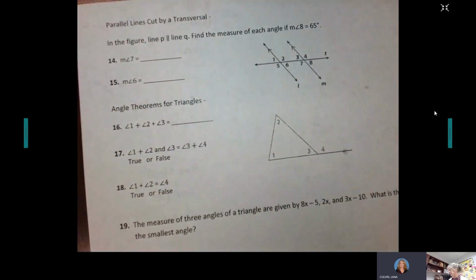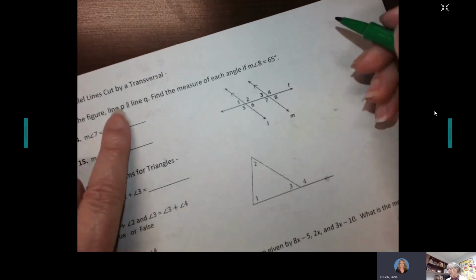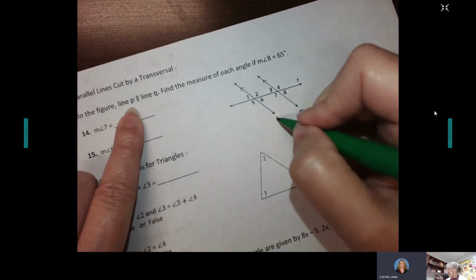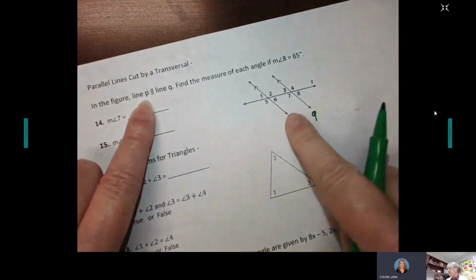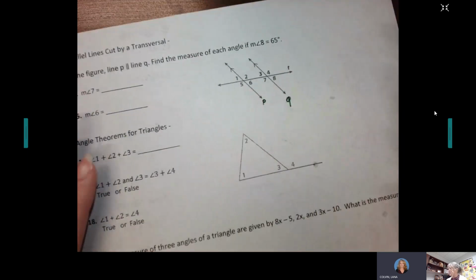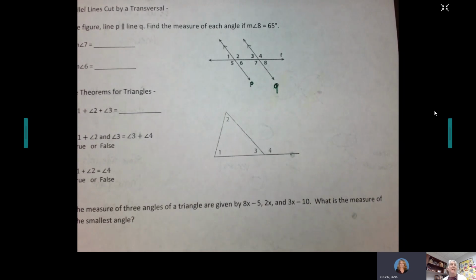All right, let's turn it over. These two lines, actually this should say P and this should say Q. These two lines are parallel, so it's another transversal diagram. What's the first thing that Ms. Colvin always does when she sees a transversal diagram?